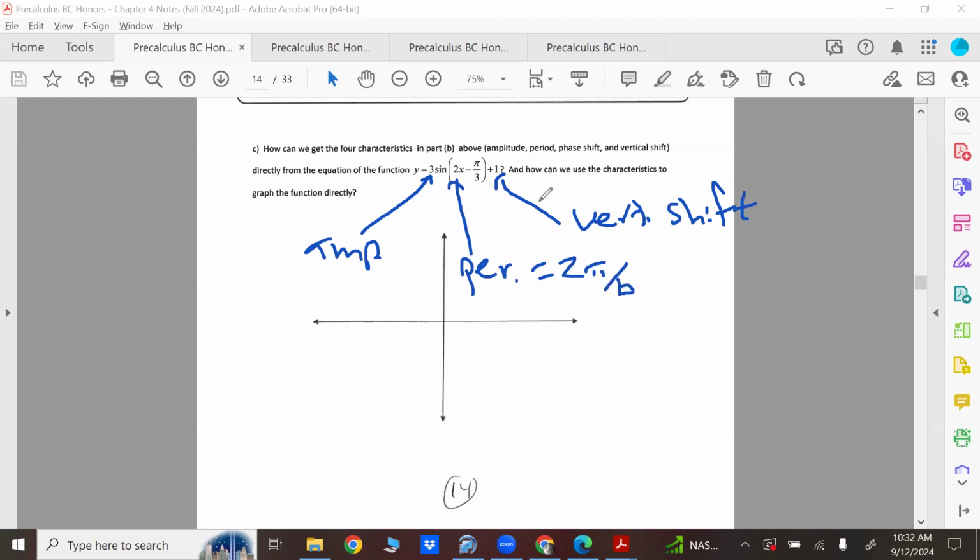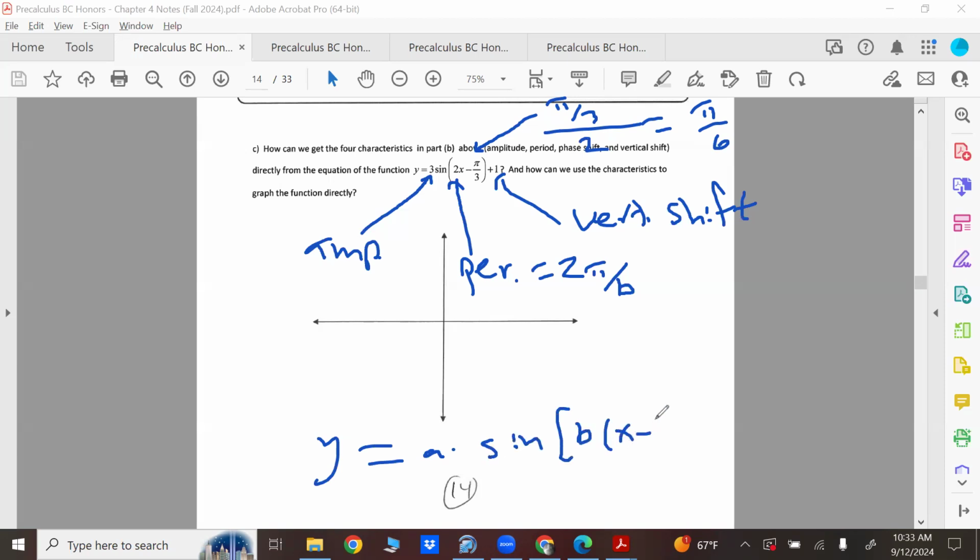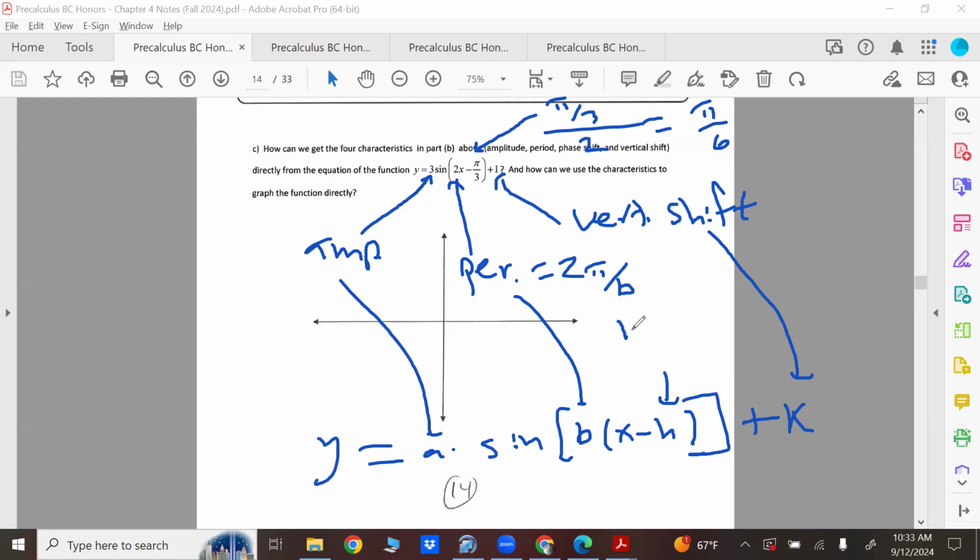And to get the horizontal shift, it's a little tricky, but it's going to be pi over 3 divided by 2, which is why I prefer this format, as I already wrote earlier on. Vertical shift, period, amplitude. That's a horizontal shift.